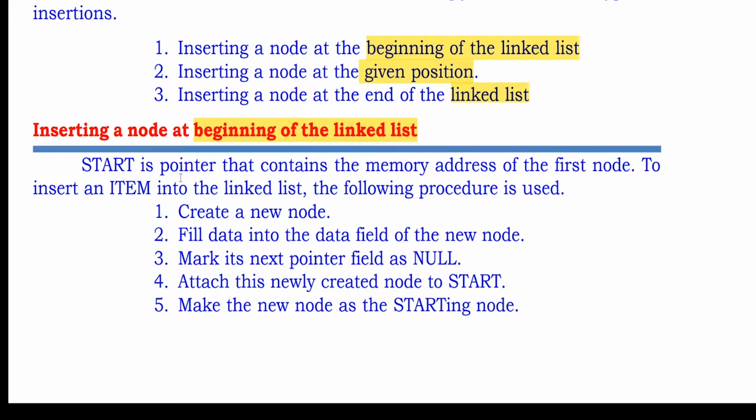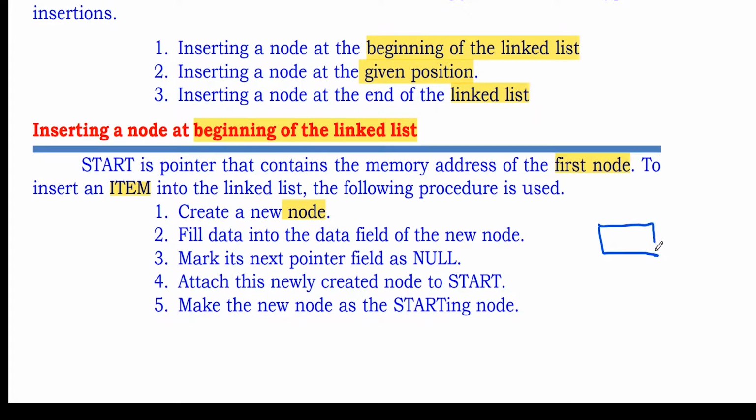We take an example. Start is a pointer that contains the memory address of the first node. As usual, it always contains the address of the first node. To insert an item, we follow this procedure. First we have to create the new node. Just imagine this is how you create it.